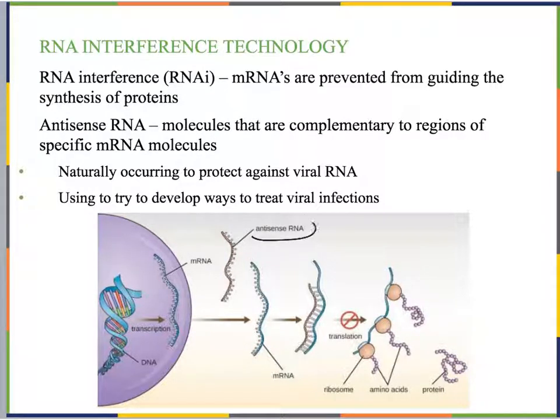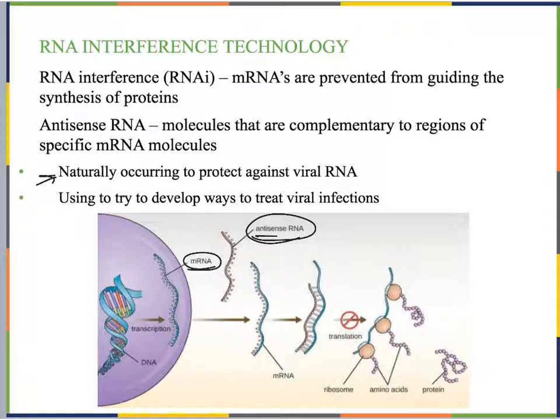So the antisense RNA is going to be complementary base pairs to this particular mRNA. And so these are naturally occurring because they are there to protect against viral RNA. So remember, if we have a single-stranded RNA virus that comes into the cell and tries to hijack things, it's going to have to get its RNA out there.